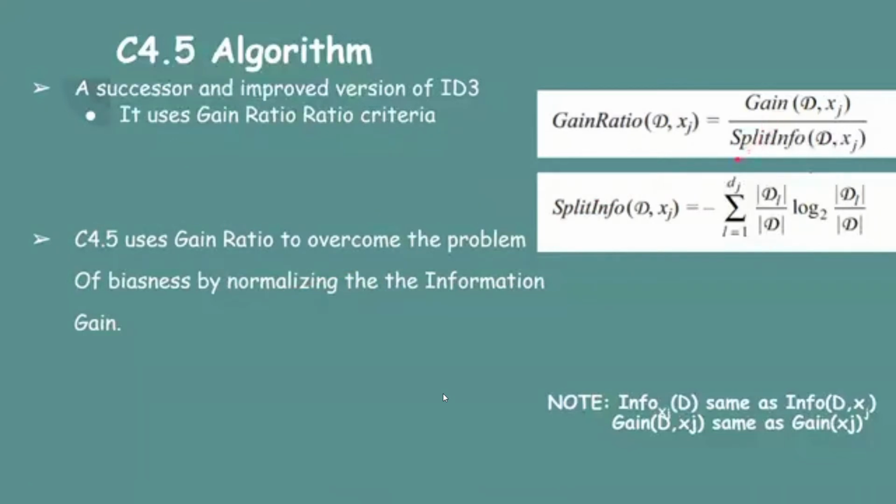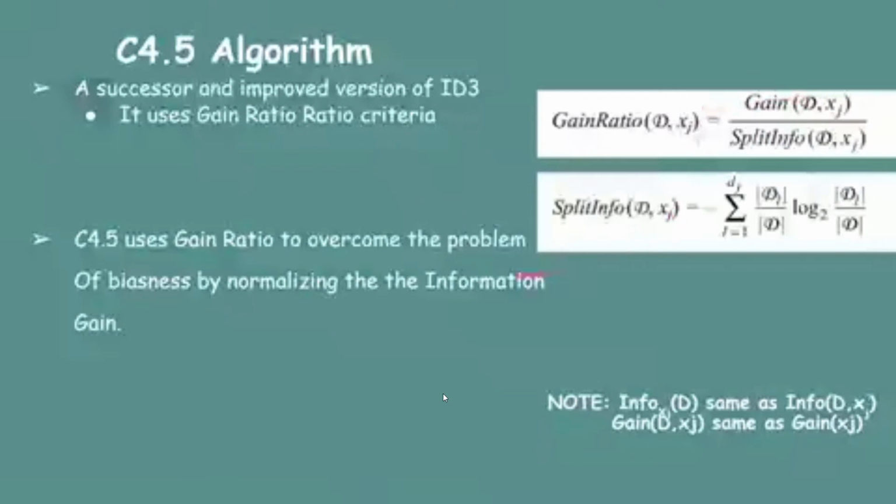So an attribute having more outcomes will have more split info, and gain as well. So we are dividing more gain by more split info. In some sense, it is just balancing the extra thing by dividing with split info. So we are normalizing this gain by dividing with split info.